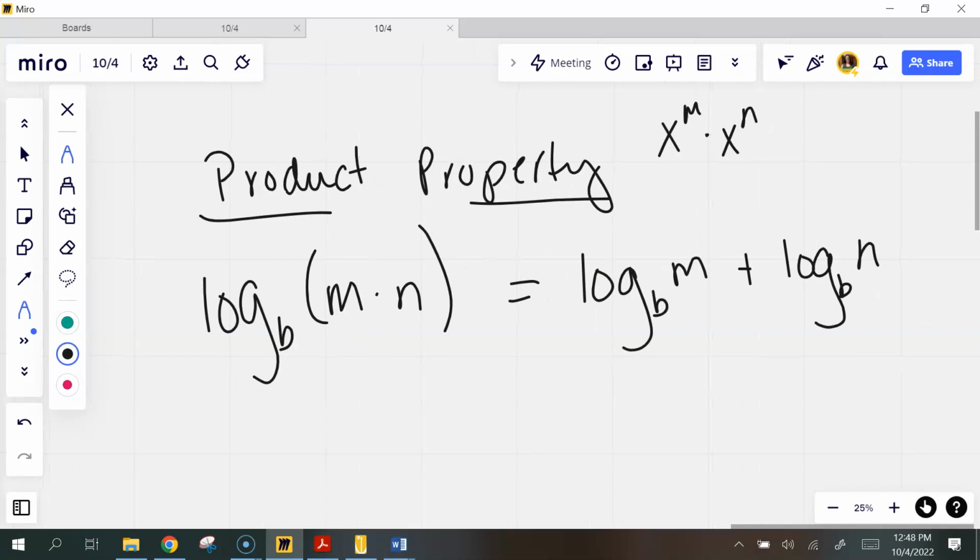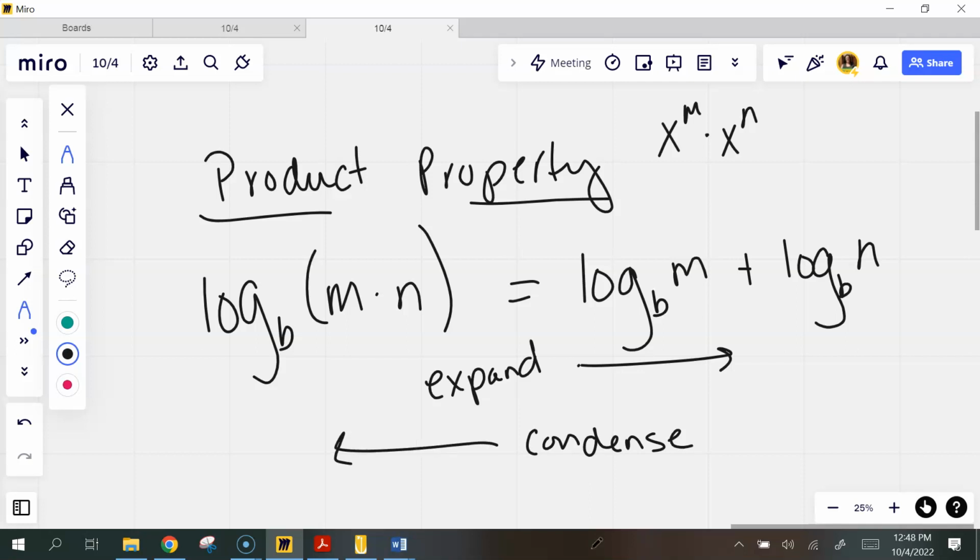If I go from left to right, that is expanding. If I go from right to left, that is condensing. Write it in a bigger form as expanding, simplify it down and shrink it down as condensing. And there are only 3 properties. That's one of them. Yeah, you leave it expanded out.